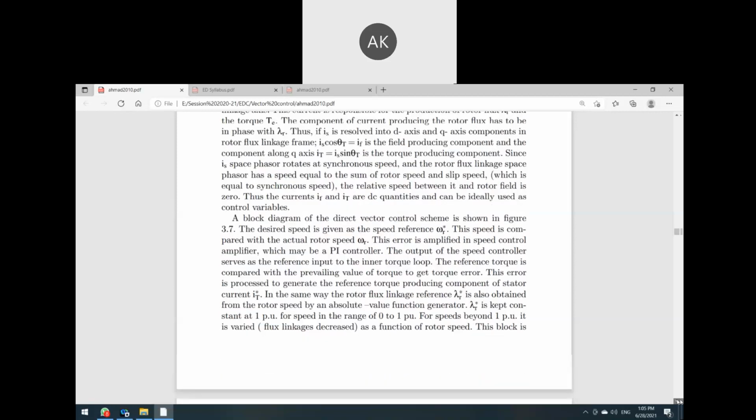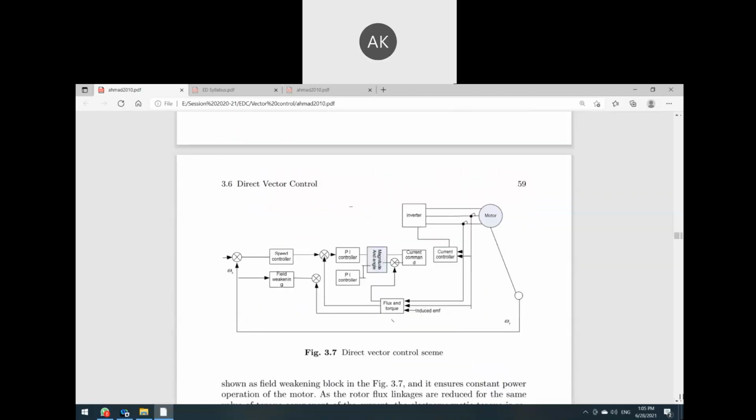I will come to the block diagram. This is the motor and this is the sensor, and we will sense the signal. We will take the speed reference and compare it with the actual speed, and this error in the speed is given to the speed controller.